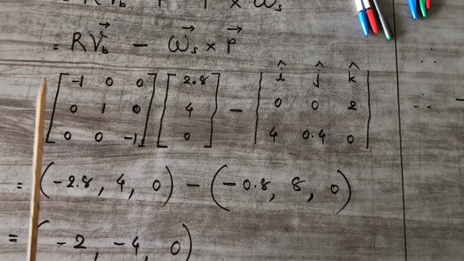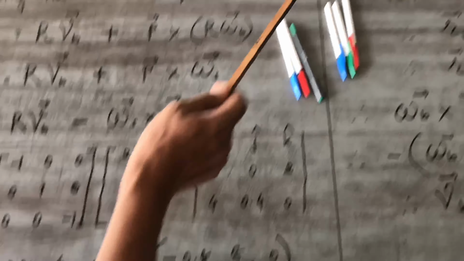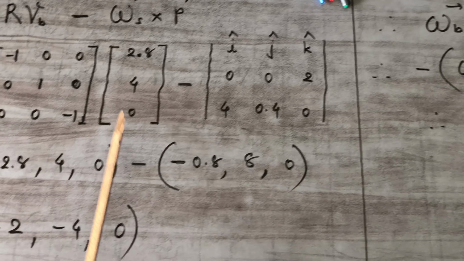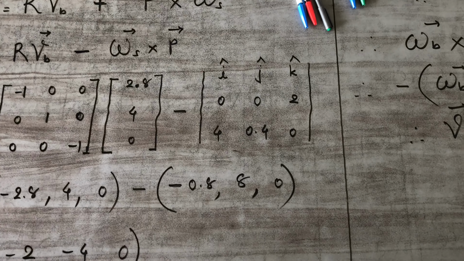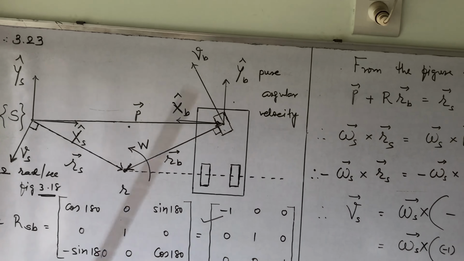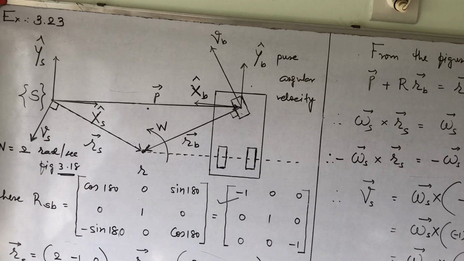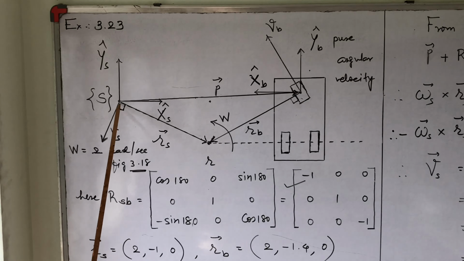Now RVB, R is rotation matrix, VB is this, we have obtained already 2.8, 4, 0. So I have written 2.8, 4, 0 minus omega s cross p. Here observe the figure, angular velocity this way, so coming out of the plane of board for both the frames, but here z axis is this way coming out of the plane of board.